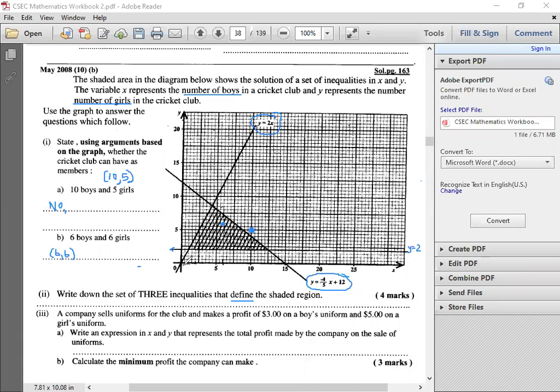All right, because there are 10 small squares between 0 and 5. So it is 5 divided by 10, which equals 0.5.